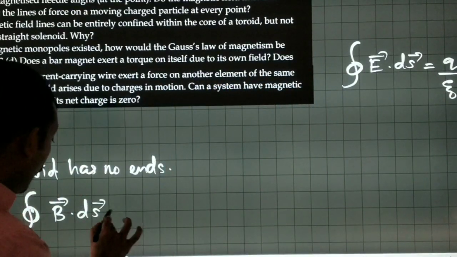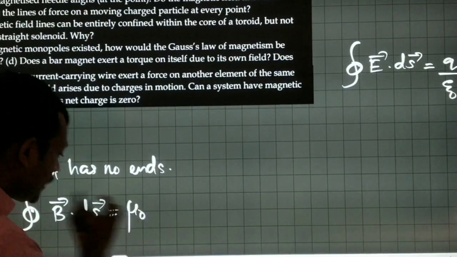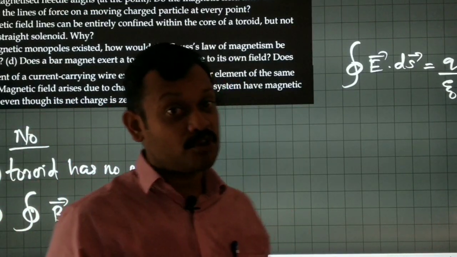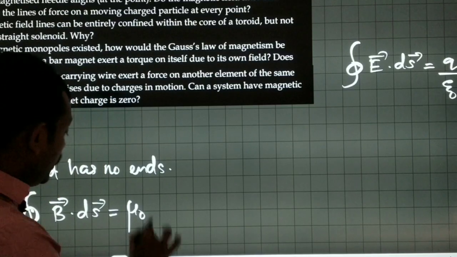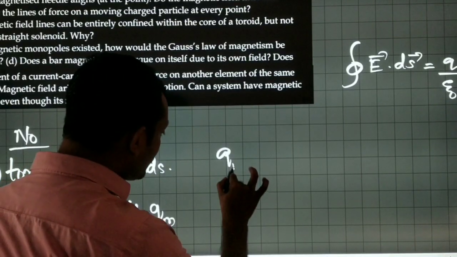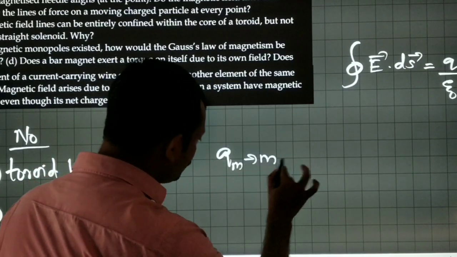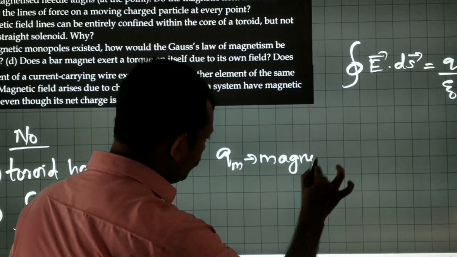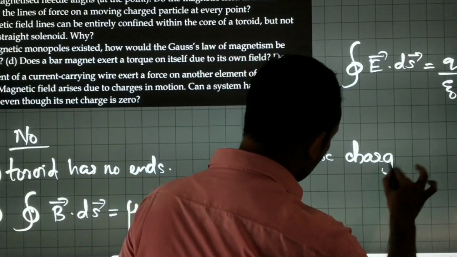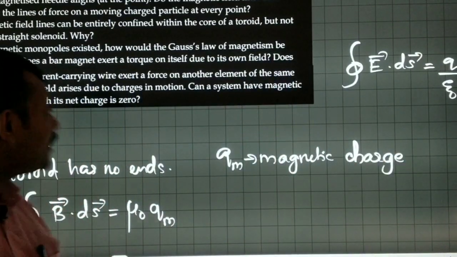Analogous to 1 by epsilon 0, we have learned mu 0. Here I will write Qm, where Qm is called a magnetic charge.